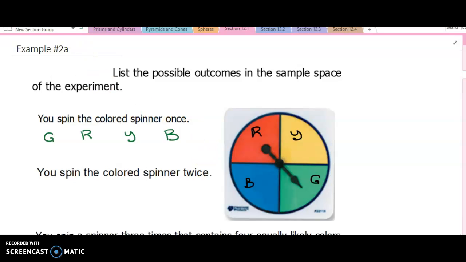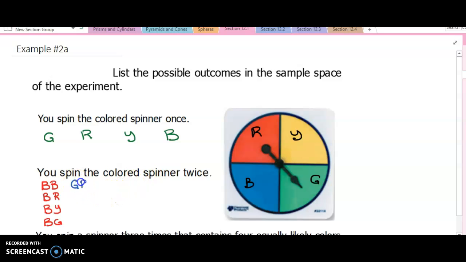Okay, so say we spin it twice. Okay, let's say we spin blue first. So we can go blue, blue. We can go blue, red, blue, yellow, or blue, green. Or maybe we spin green first.